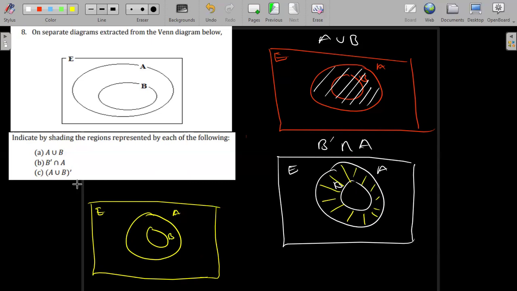For the complement of these, I'm not going to shade the sets A and B, but I'll shade outside them, and that is going to be here like this. So this is my A union B complement. Okay, so this is the last question.